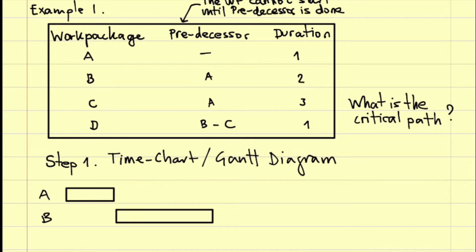And you see that work package A, and this is an important part, ends, and then work package B starts. So this is because A is the predecessor of B. So B can only start when A is done.